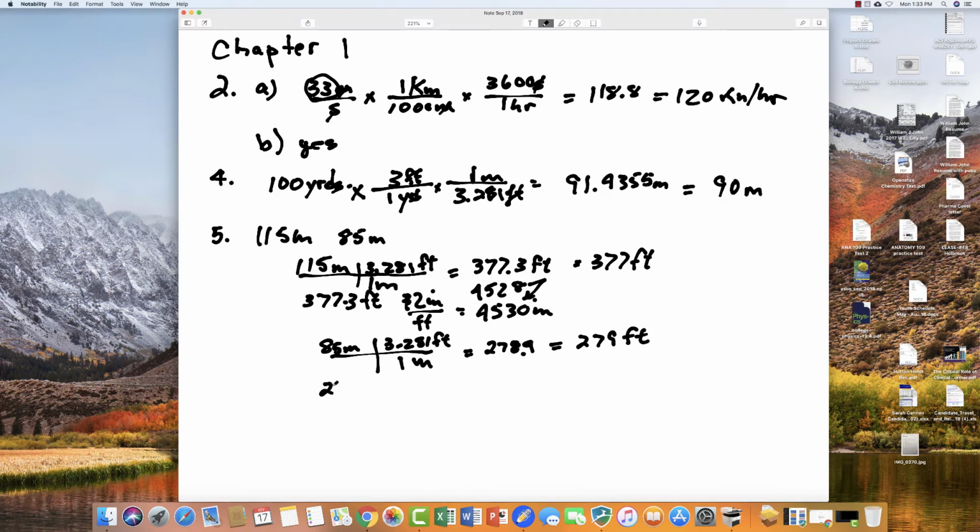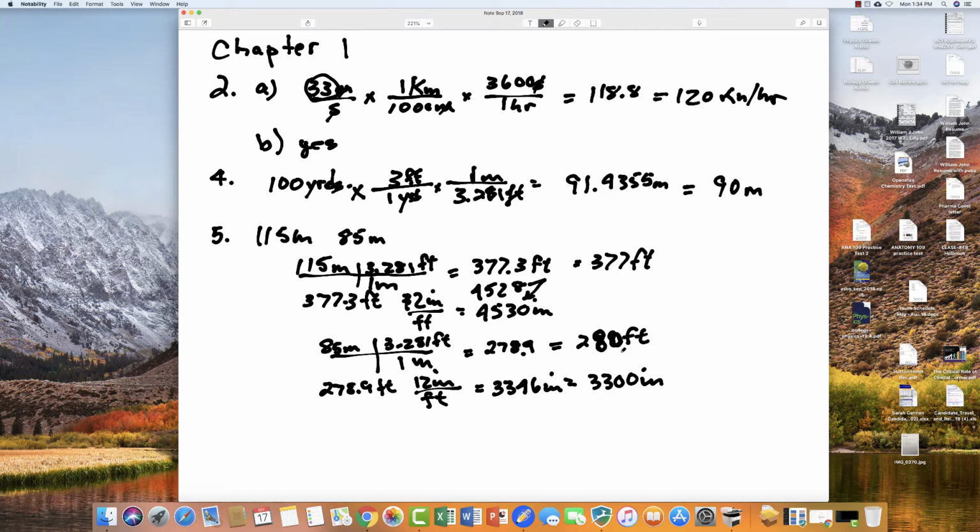You take the 278.9 feet and multiply that by 12 inches per foot, and you get 3,346 inches, which corrected to two significant figures is 3,300 inches. And actually I should have corrected this to two significant figures, and this should have been 280 feet. So it's 280 feet by 3,300 inches.